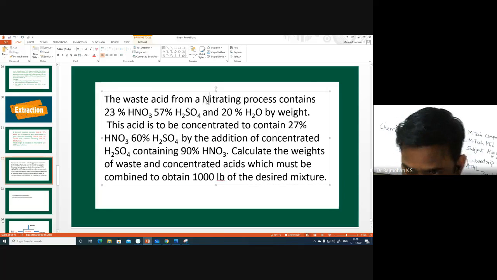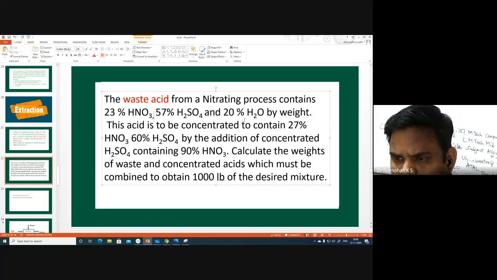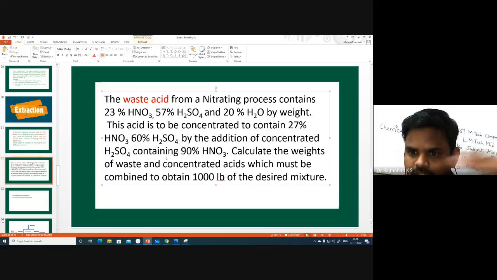This is not a chemical reaction; a waste acid is coming from the nitrating process, which contains 23% nitric acid, 57% sulfuric acid, and 20% water by weight. This acid is to be concentrated to contain 27% nitric acid, 60% H2SO4 by the addition of concentrated sulfuric acid.